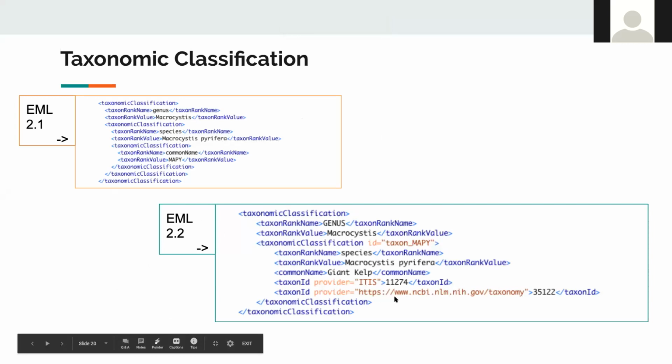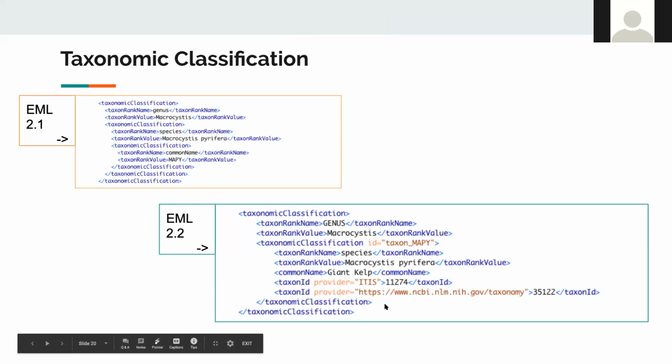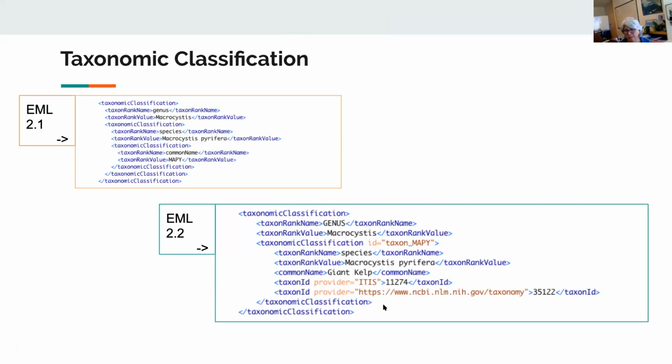Is it obvious what you would use? I'm trying to think about what USDA Plants is, because I'm not sure that they have a code, an ID. So this is going to be a little interesting, and this is on my list to figure out.